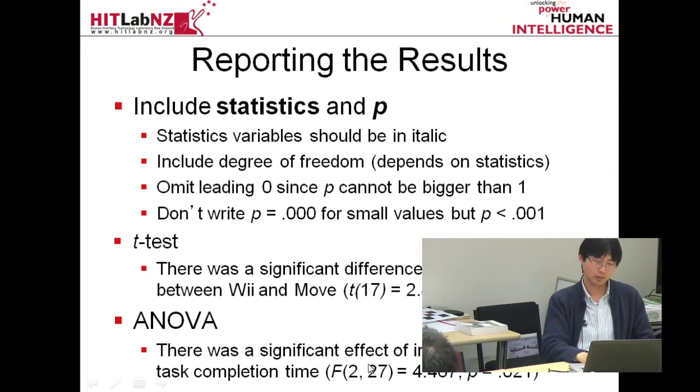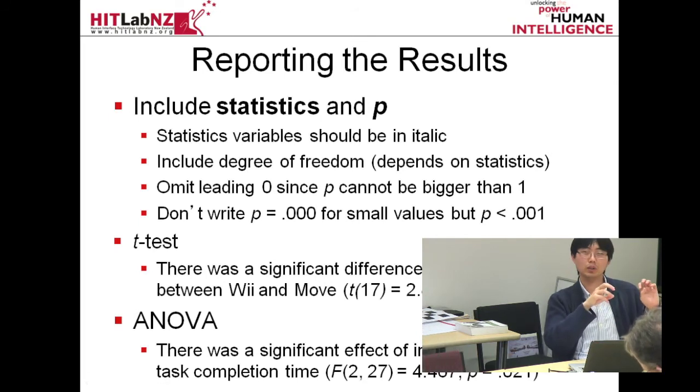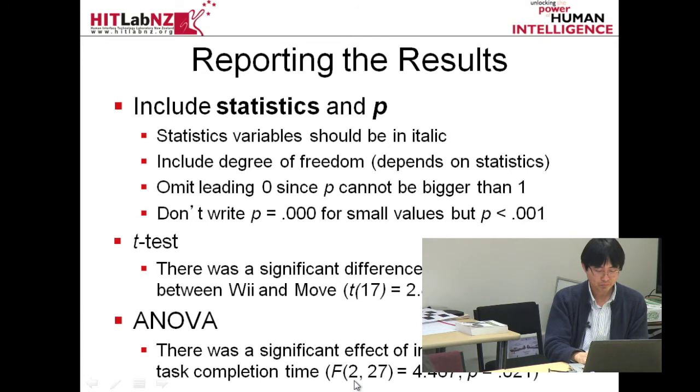So if you report 2, and then what you describe in your paper says you are comparing 4 interfaces A, B, C, and D, then the reviewers say, why is your degree of freedom 2 when you have 4 interfaces and so forth? So those numbers mean different things depending on which statistical tool you are using.